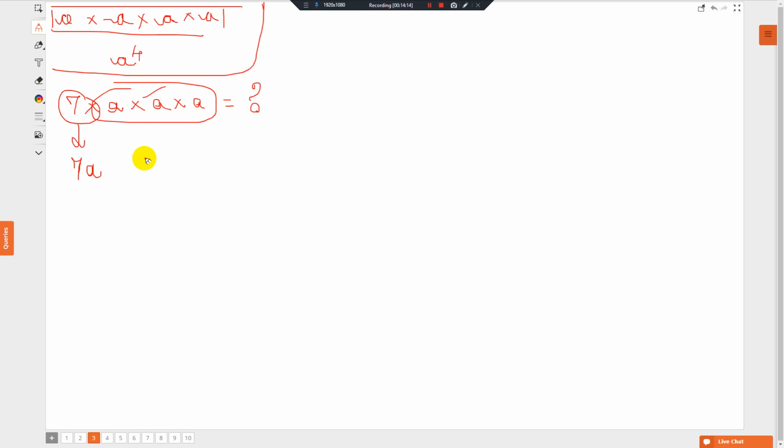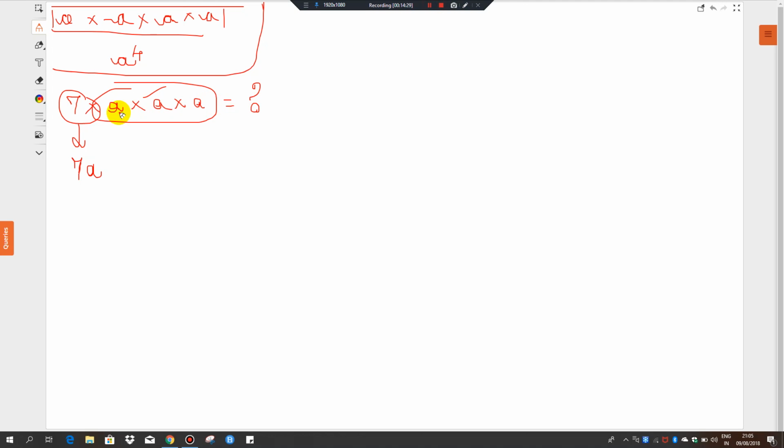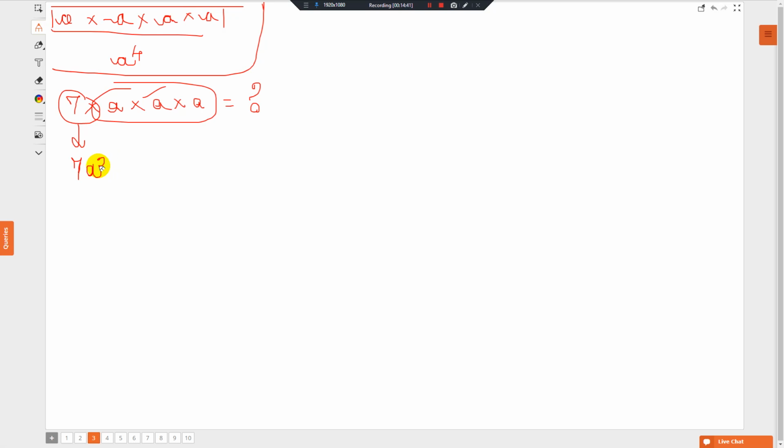Not completed yet, just a little is left. How many times is a repeated? 1, 2, 3, so 3 times. So we write a with the power 3. See, we have a number with a literal and its power.